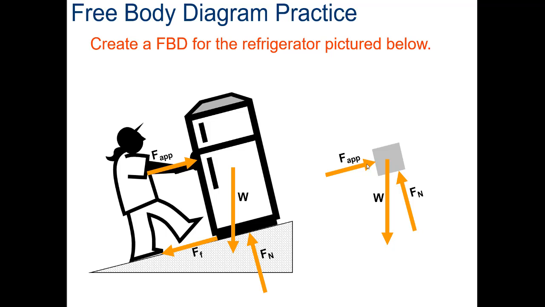We know the worker is pushing it up the ramp. And then by pushing it up the ramp, there's friction coming back this way. What we do not know is the angle, though, right? We don't know what angle the ramp is. Okay?